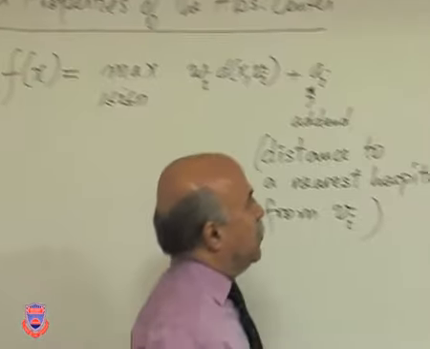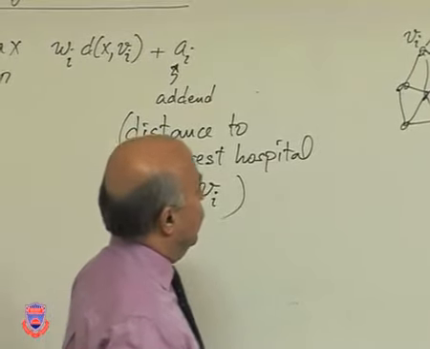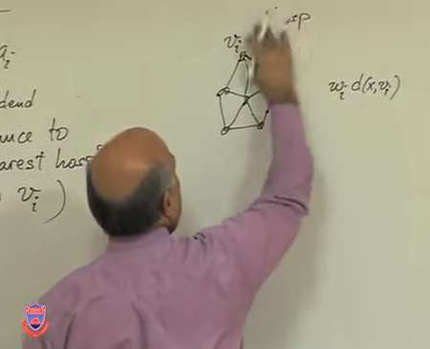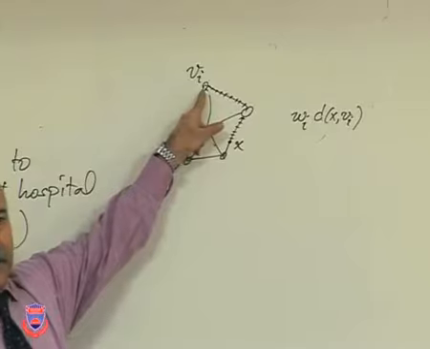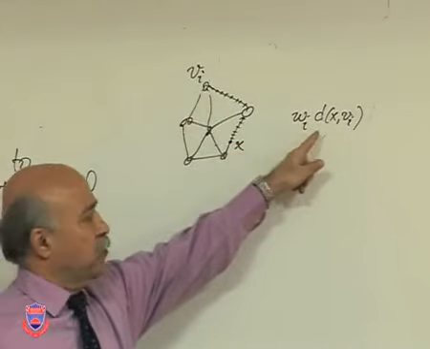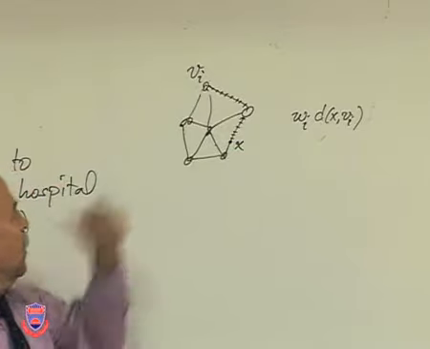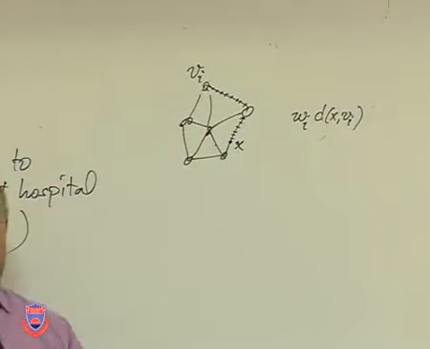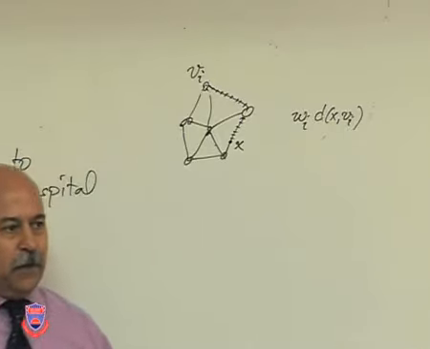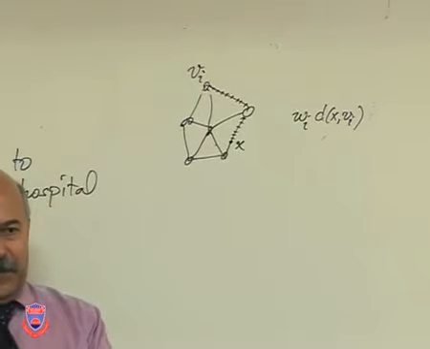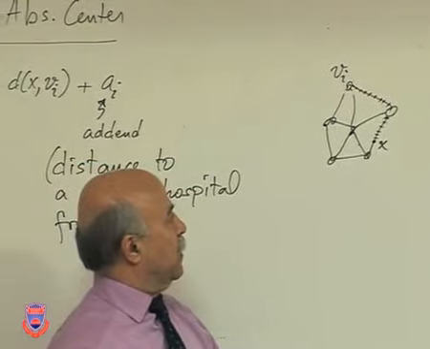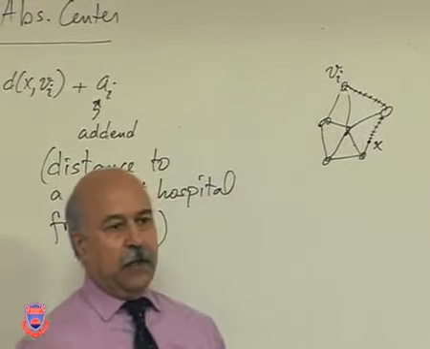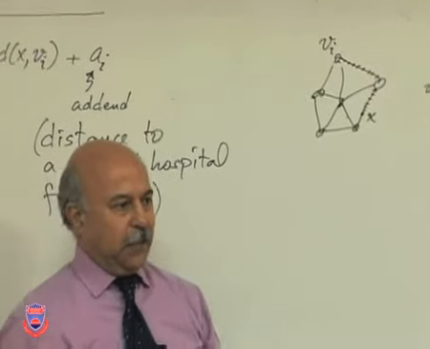In the case of a fire station, you may interpret this in a different way. In that case, you would again get to the point of service in time proportionate to wi d(x, vi). Once you get there, there may be a setup time to start firefighting. You may have to position your fire trucks, etc. It might take some time. And depending on the physical surrounding at vi, you might have to spend more time at certain vertices and less time at certain other vertices.